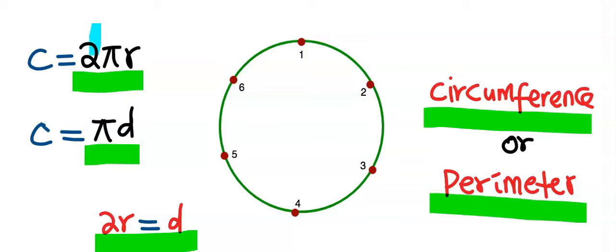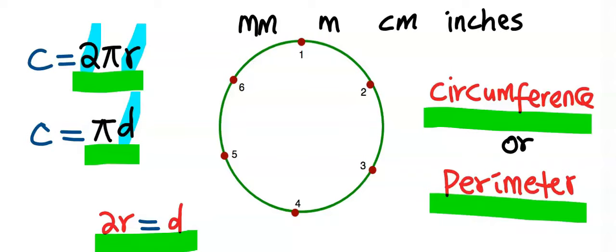Hence, we can replace the 2 and the r with d. The unit of the circumference of a circle or the perimeter of a circle is in millimeters, or in meters, or in centimeters, or in inches.